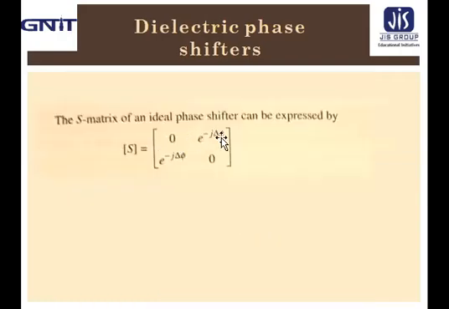The S matrix of an ideal phase shifter can be expressed as 0, e to the power minus j del phi, e to the power minus j del phi, 0. This was the dielectric phase shifter.